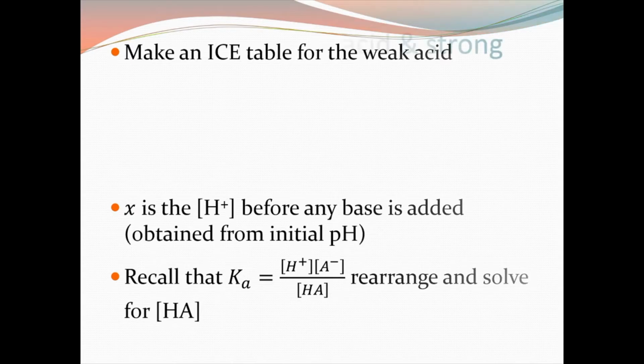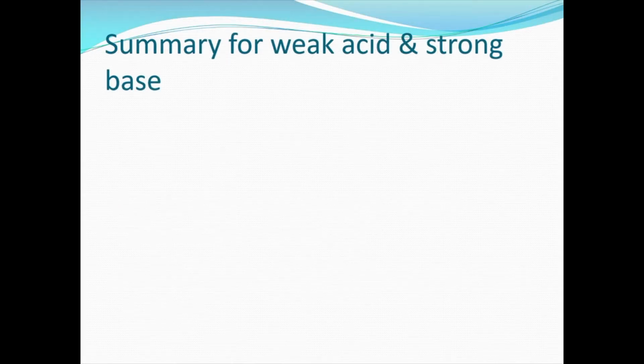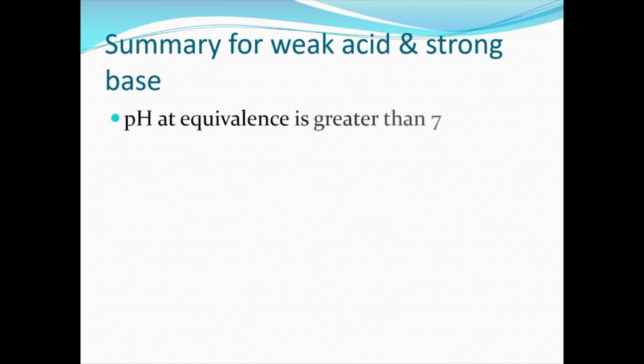Alright, so in summary, for weak acid and strong base, we get the following. The pH at the equivalence point will be greater than 7, and this is due to the presence of the conjugate base. The presence of the conjugate base makes the solution slightly basic after equivalence.